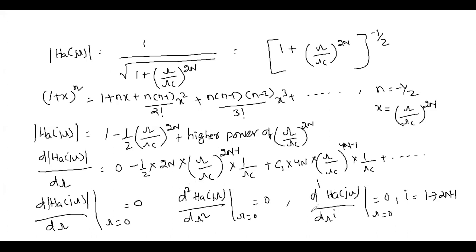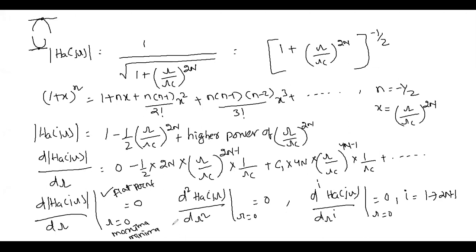Is it clear or still doubt? Say when only the single differentiation is 0, then it is a flat point. Flat point means it is either a maxima or a minima.